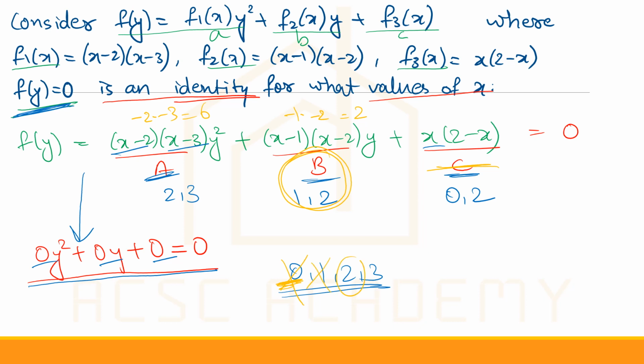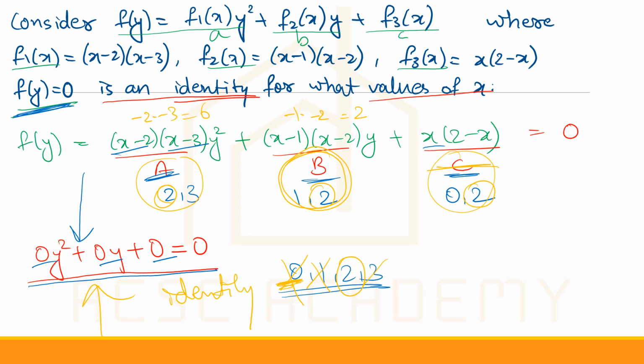Then coming to 2, 2 is a common root for all of them. A, B and C, all of them have 2 as the common root. So when we substitute x equal to 2, then A, B and C all will independently become 0. And then we will get this particular equation, that is 0y squared plus 0y plus 0 equal to 0, which we call an identity.